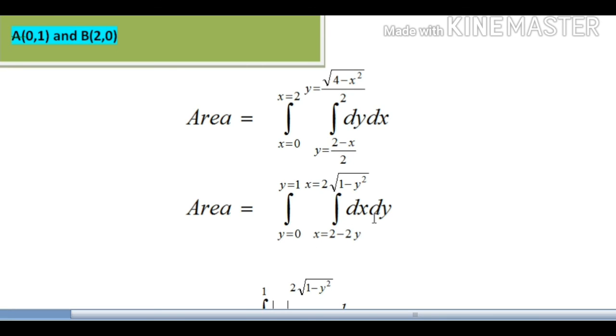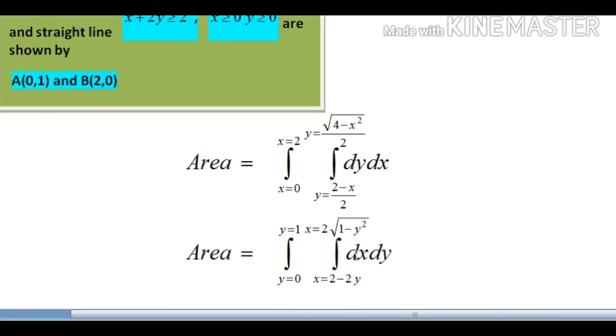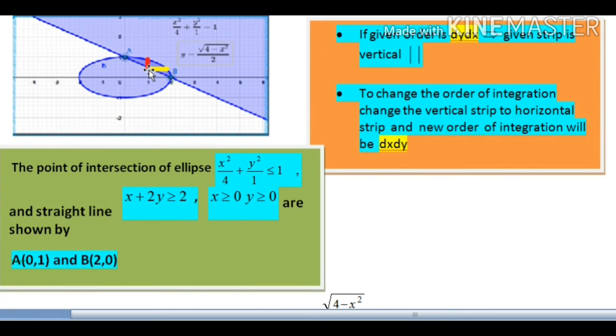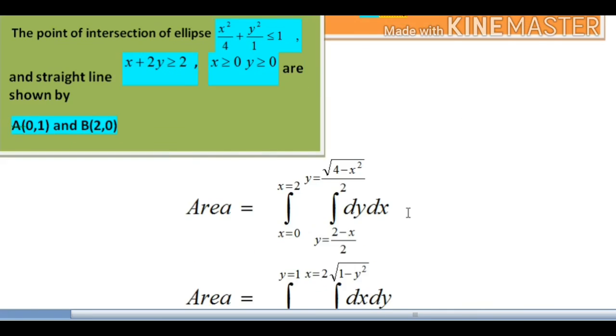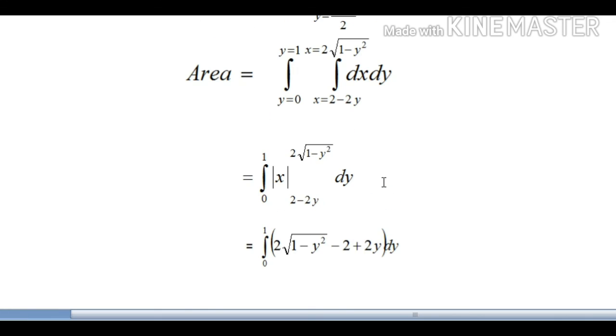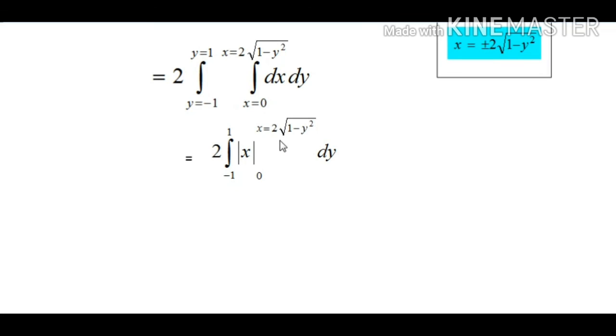So how have we taken the limits for dx dy? First we have taken the limits for x, and then with respect to y. The limits of x go from the straight line to the ellipse, and the limits of y go from B to A, because we have to cover this whole region. And now, as earlier, you solve in the same way. First integrate with respect to x, then apply limits.